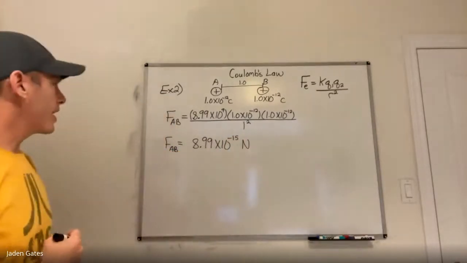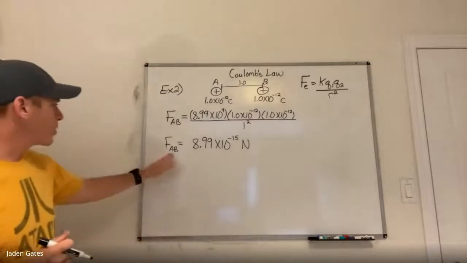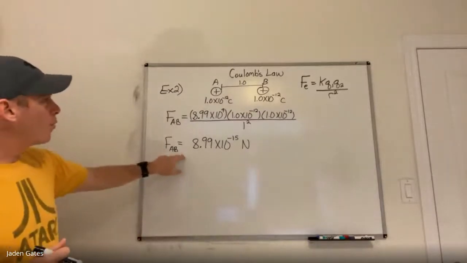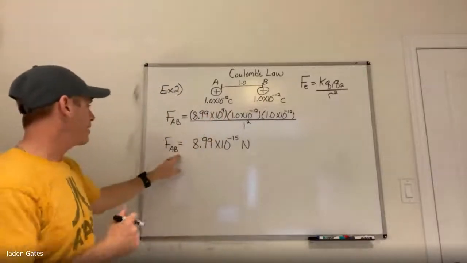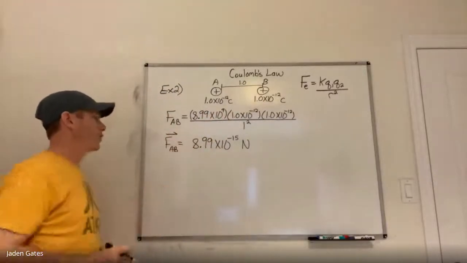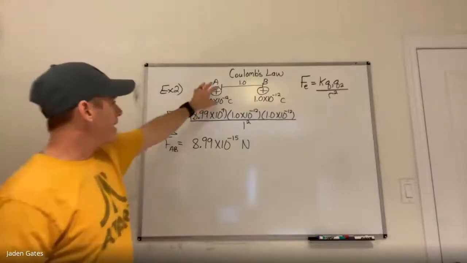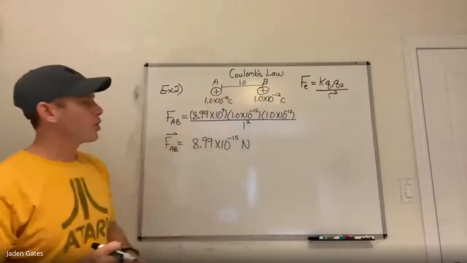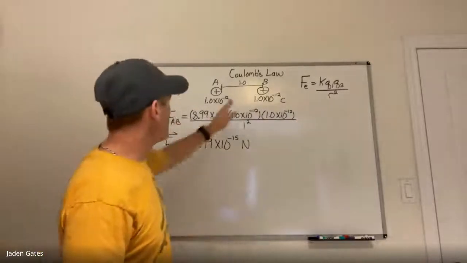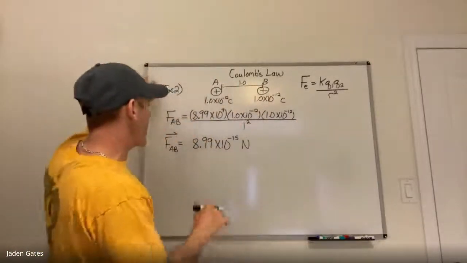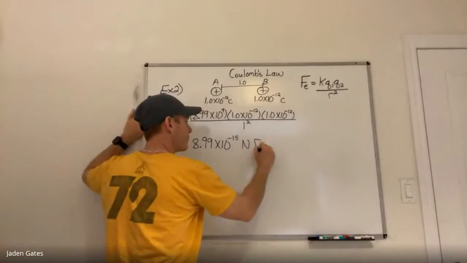Now, I'm not done yet, because this is the force on A by B. Well, what's B doing to A? Right, because it's the force on A by B. Again, I'm going to include direction here. Because they are both positive charges, they are repelling. And so the force on A by B is pushing A to the left.